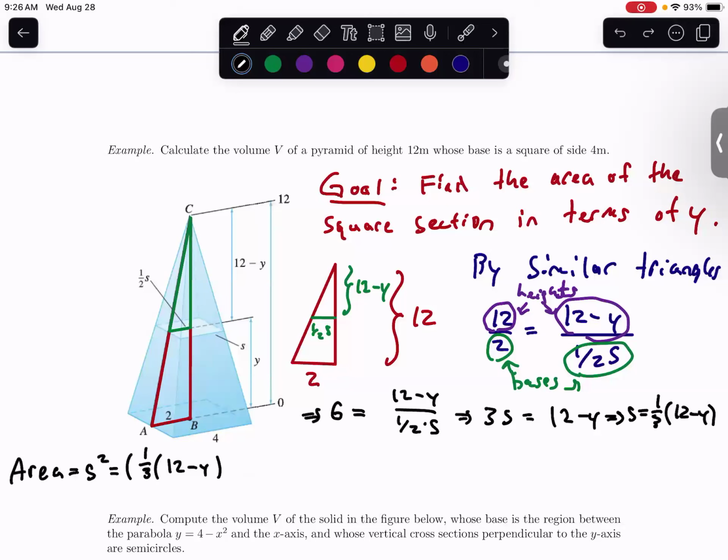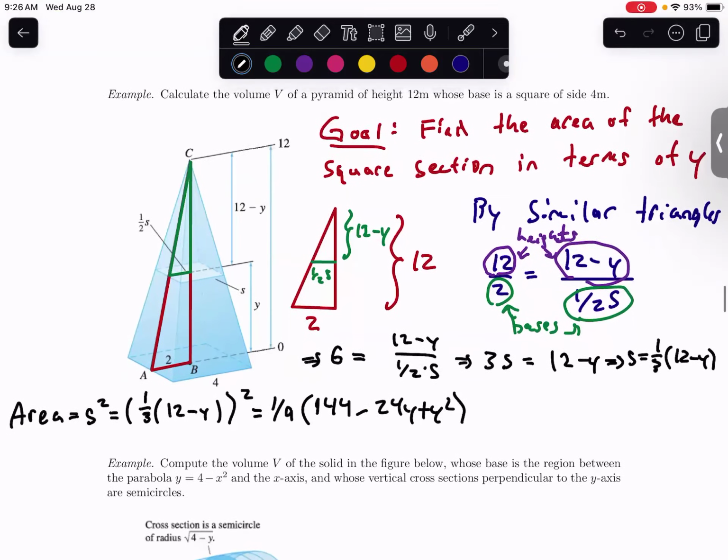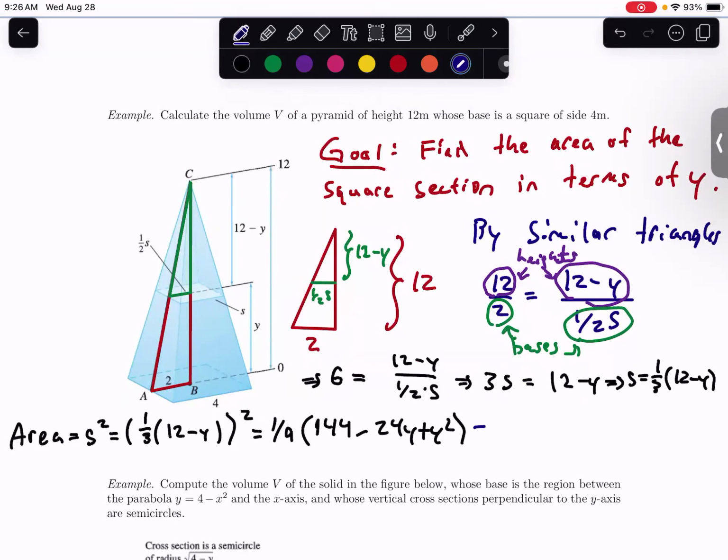Oh, the 1 over 3 should be squared as well. And so if you write this out, this ends up being equal to 1 over 9 times 144 minus 24Y plus Y squared. Running out of space a little bit.